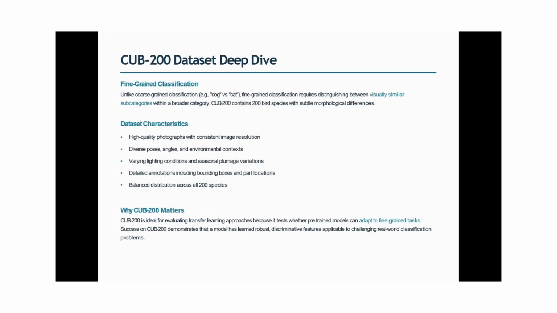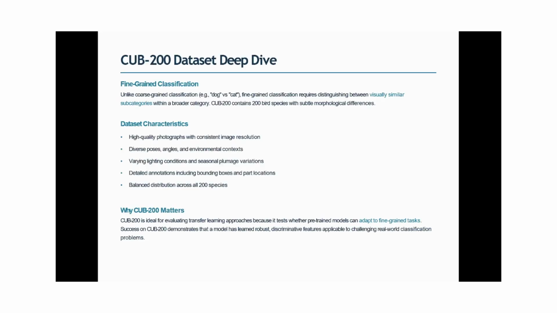CUB200 dataset deep dive. Unlike coarse-grained classification, for example dog versus cat, fine-grained classification requires distinguishing between visually similar subcategories within a broader category. CUB200 contains 200 bird species with subtle morphological differences.